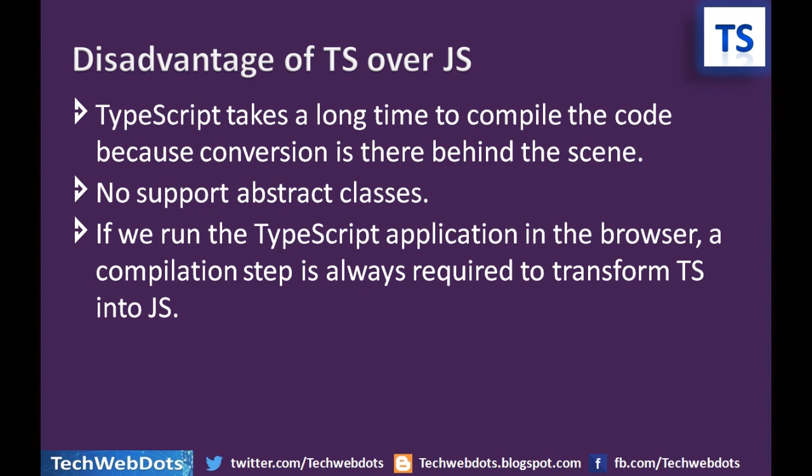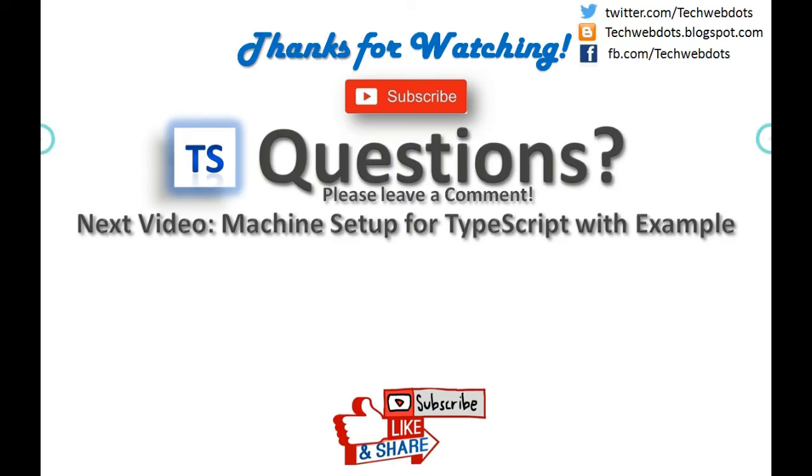As we always say, it is a pure object-oriented programming language, but abstract classes are not there in TypeScript, whereas we have them in C# and Java. If you run a TypeScript application in the browser, a compilation step is always required to transform TypeScript into JavaScript.